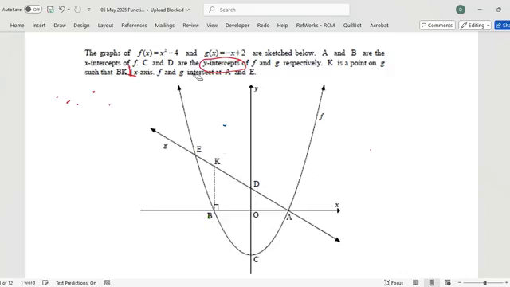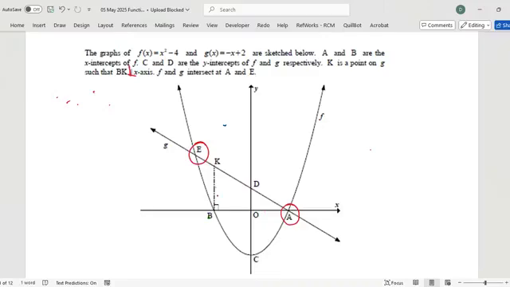Now from there, we are told that f and g intersect at A and E. What did I say about the point of intersection? It is where the two graphs meet.